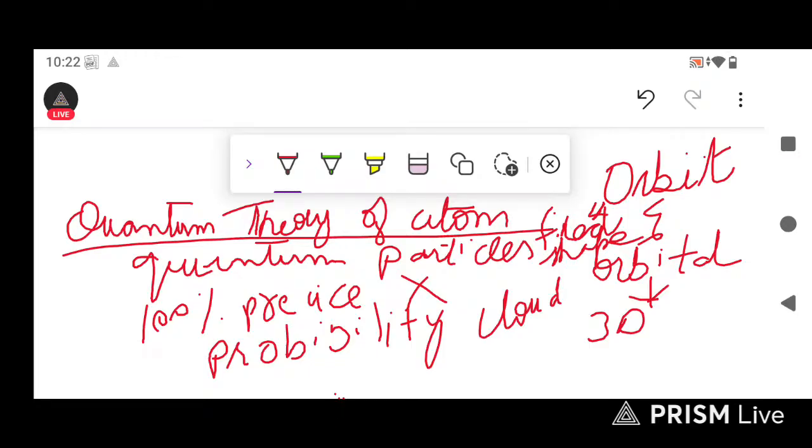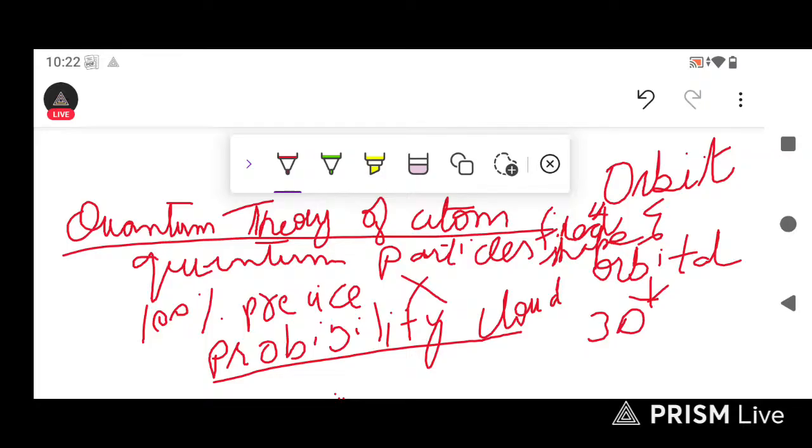According to the uncertainty principle, it is impossible to find the exact path or the speed of an electron at any given moment. So modern science views them as probability clouds. Bohr's model gave fixed circular pathways, orbits.